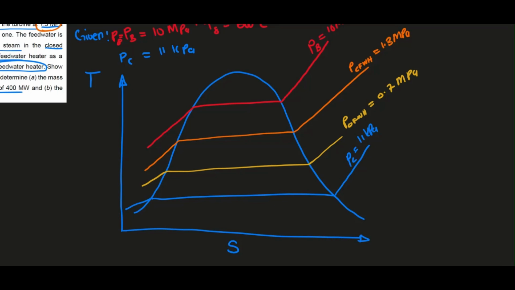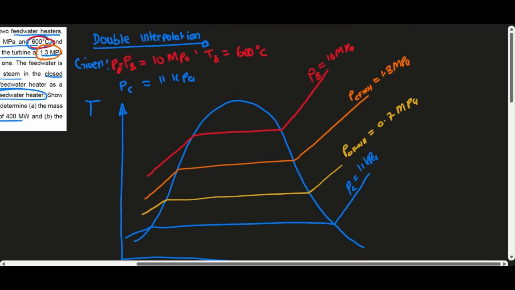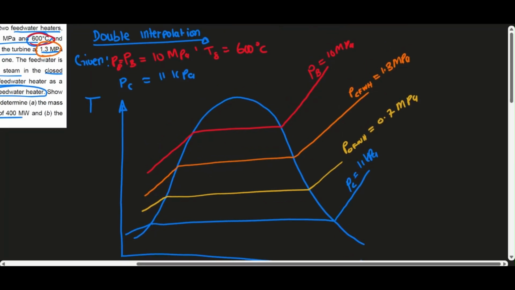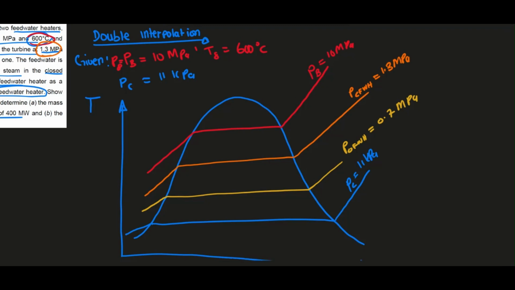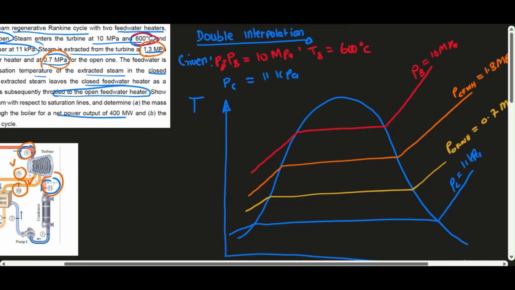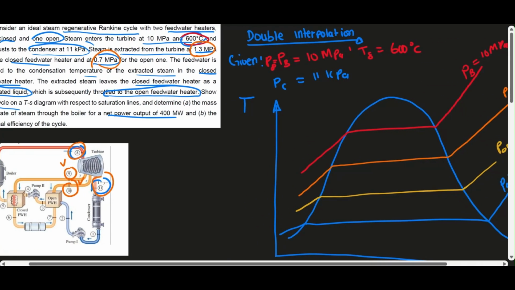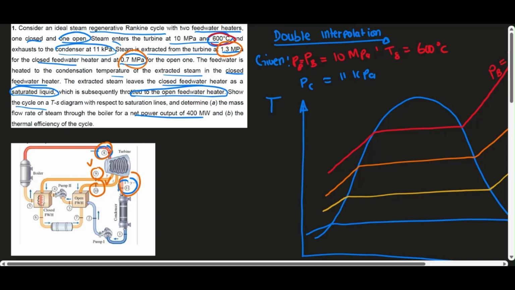That's nice. So I have these lines drawn. Now what? Well, I know that the process that I'm looking at is a regenerative Rankine cycle. And in a Rankine cycle, we have components.